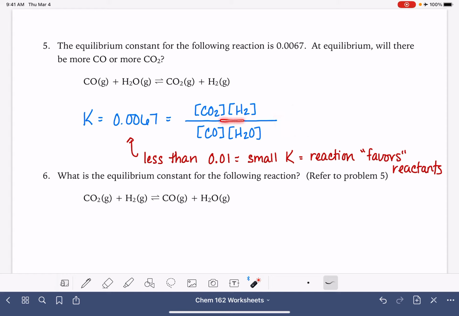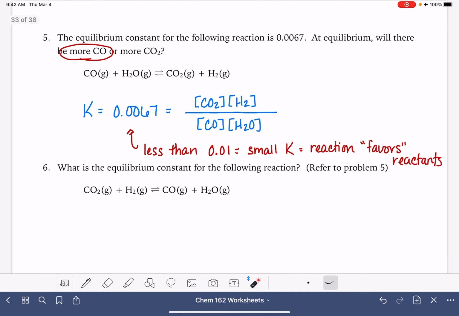So the quantity of CO2 and H2 is very small compared to the quantity of CO and H2O. And that means that at equilibrium, there will be more CO than CO2. Because we have a value of K that is less than 0.01, which means that the reaction favors the reactants. The majority of the substances are the reactants.